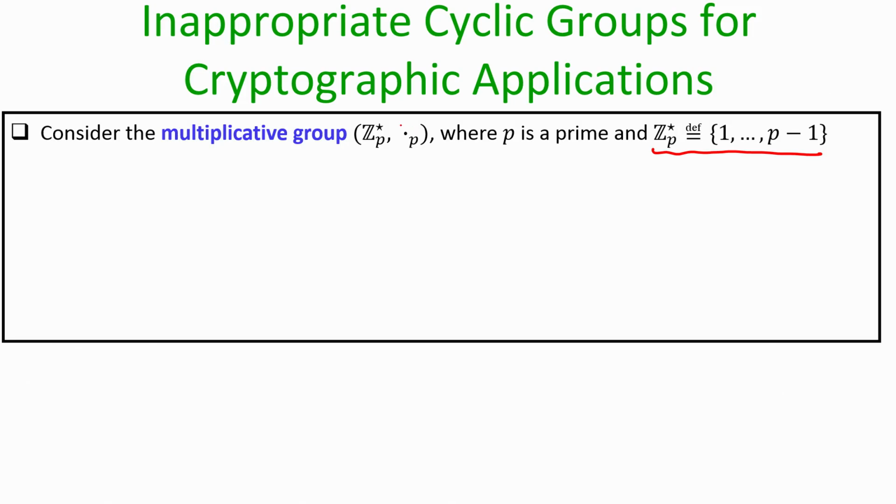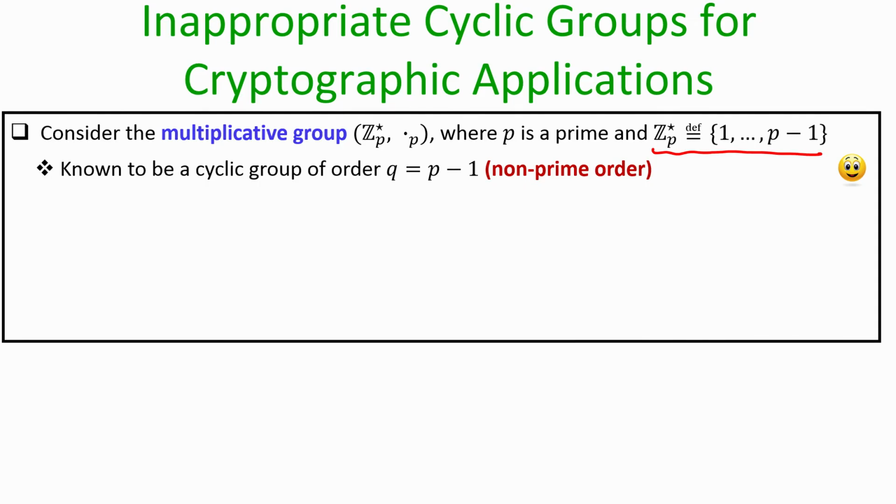Remember multiplication modulo p is defined as follows. If you want to perform the multiplication modulo p of two numbers a and b from the set Z_p star, then you perform the integer multiplication a b and take the remainder by doing a mod p operation, which ensures that the resultant remainder is in the set Z_p star.